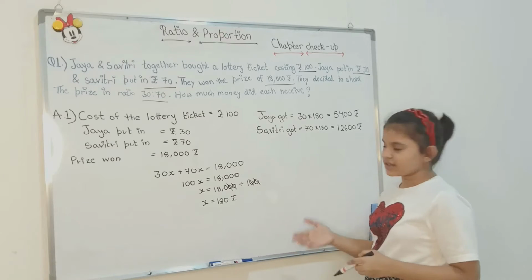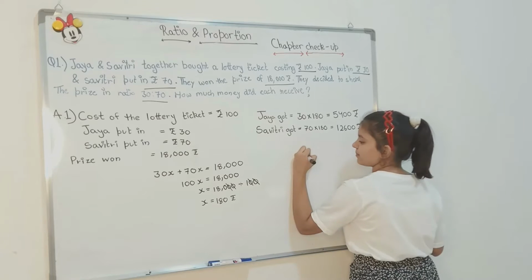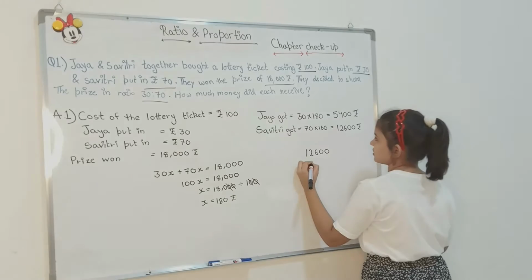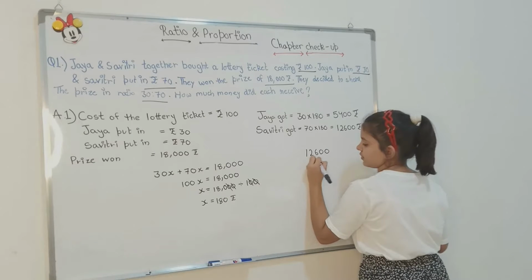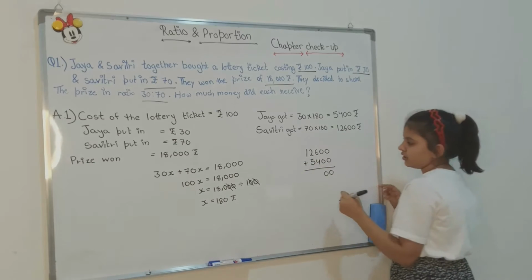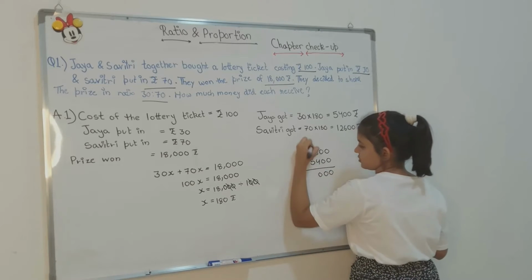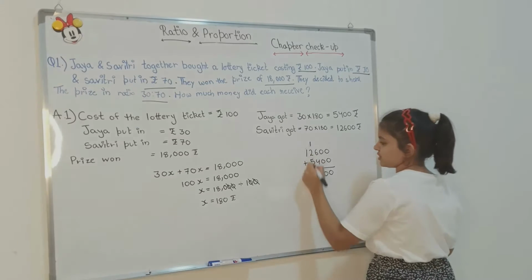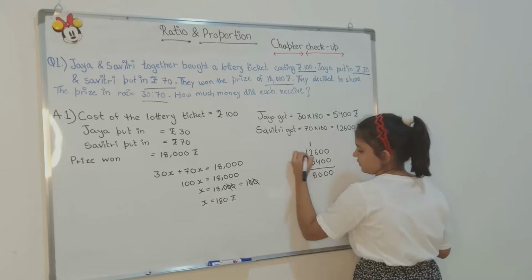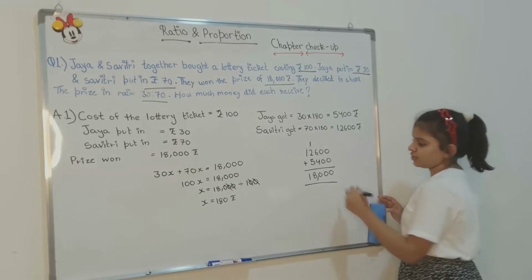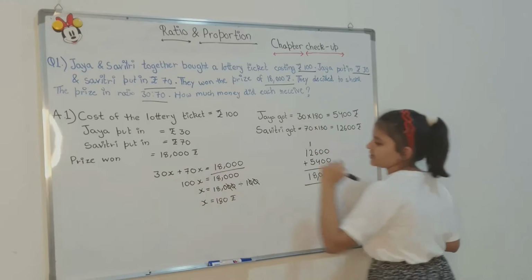To check if our answer is correct, we'll add both of them: 12,600 plus 5,400. 0, then 0, and once we add 6 plus 4 we get 10, so 1 is carried over. Then 1, then 5 plus 2 is 7, plus 1 is 8, and then 1 straight here. So we get 18,000 rupees, like we got here, which means that the answer is correct.